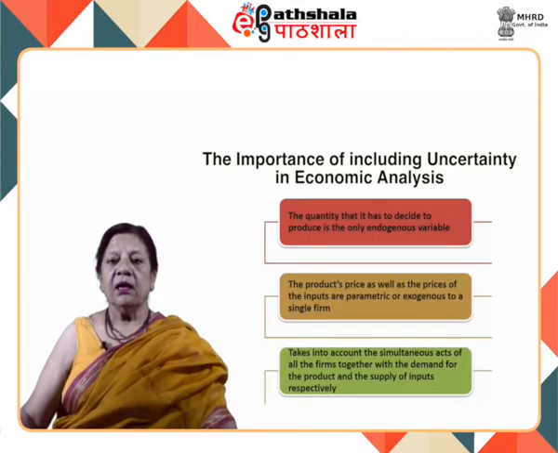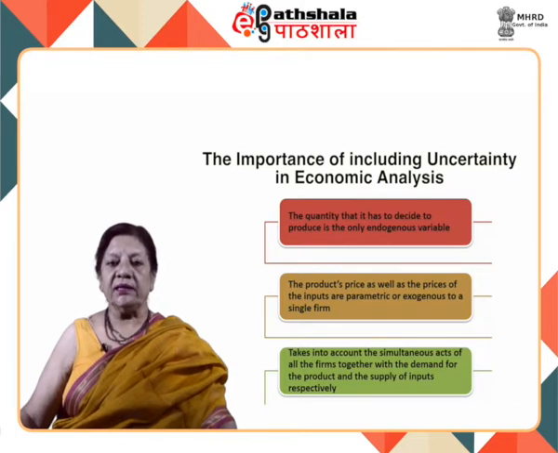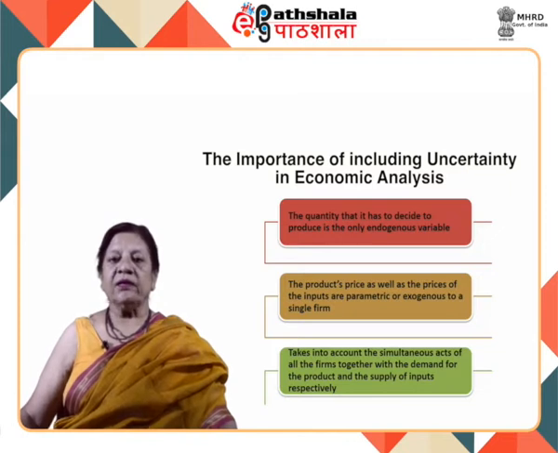In other words, the quantity that it has to decide to produce is the only endogenous variable, while the product's price as well as the prices of the inputs are parametric or exogenous to a single firm, but are decided by the model which takes into account the simultaneous acts of all the firms together with the demand for the product and the supply of inputs respectively.